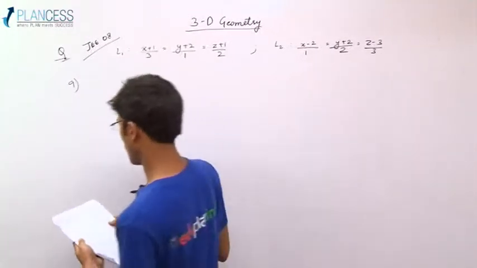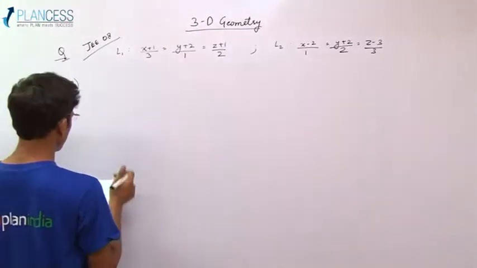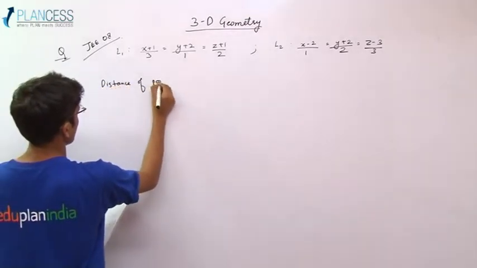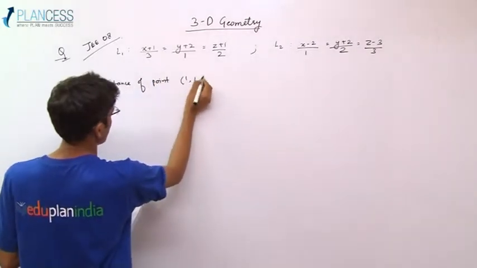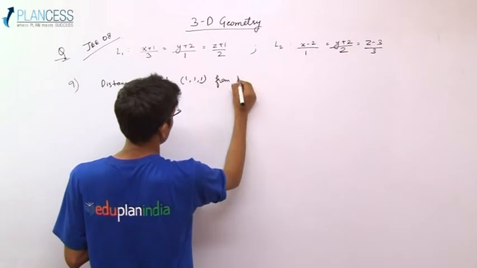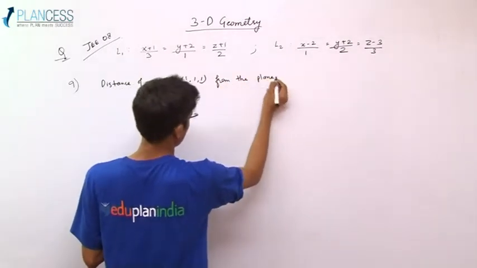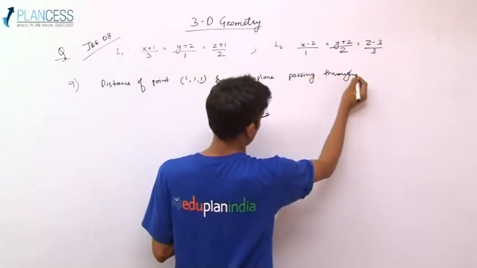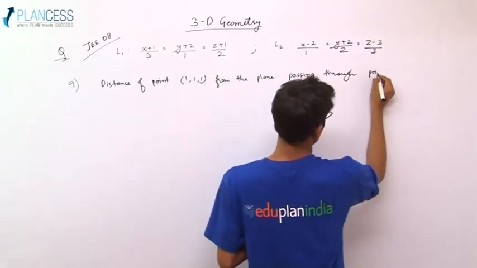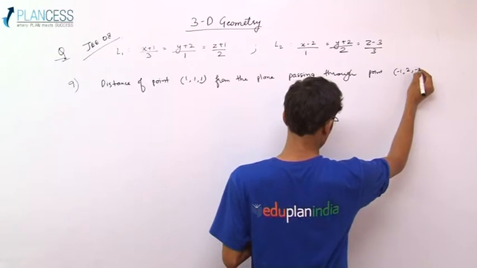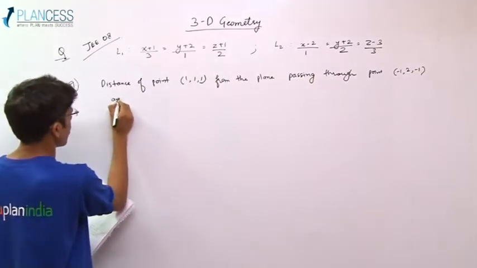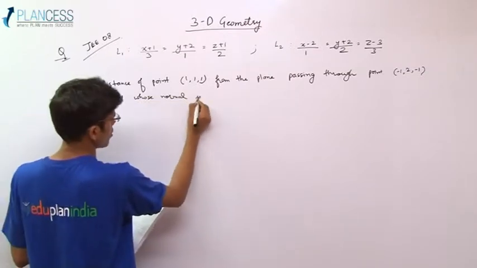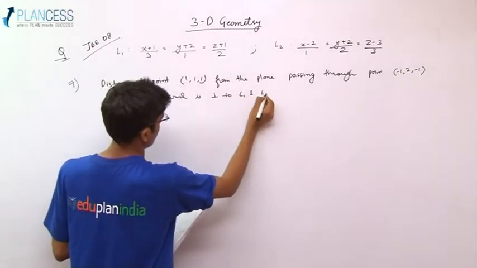Okay, so now let's move on to question number 9. This is part of the same comprehension. We have to find the distance of the point (1, 1, 1) from the plane passing through the point (−1, 2, −1) and whose normal is perpendicular to L1 and L2.